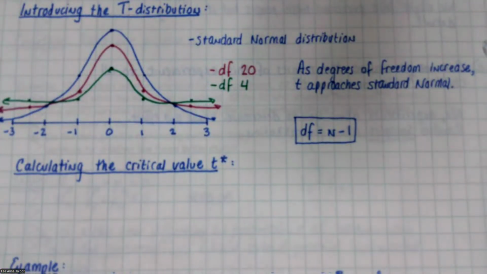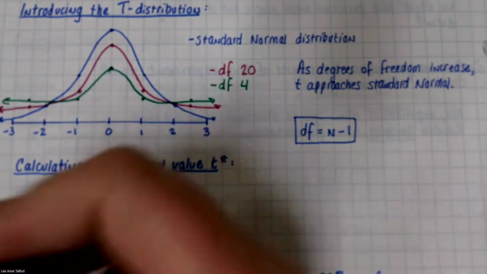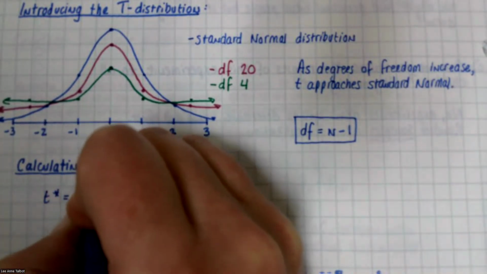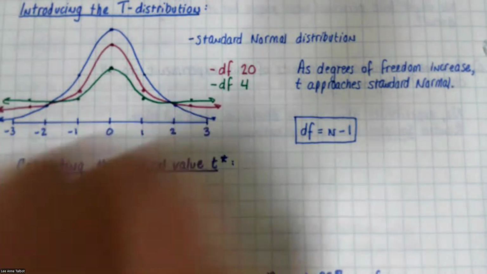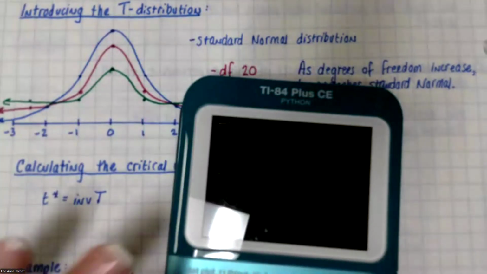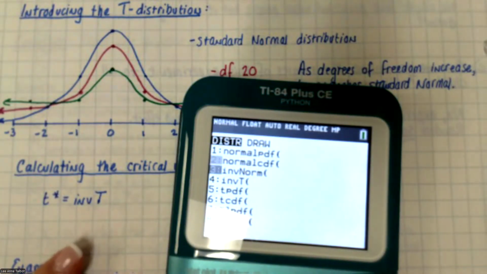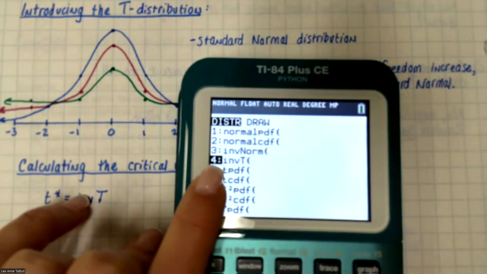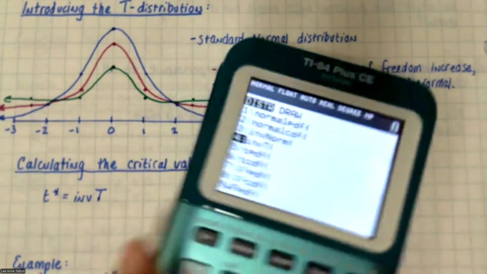Okay. Calculating the critical value of T-star. T-star equals inverse T. I think it's capitalized in the calculator. Inverse T is the fourth one down, right past inverse norm.